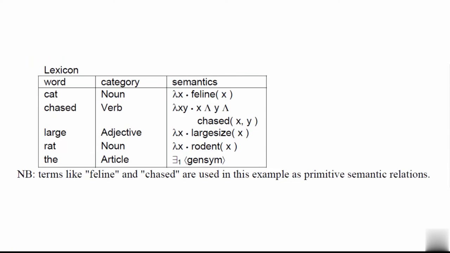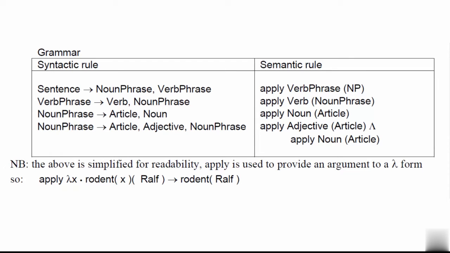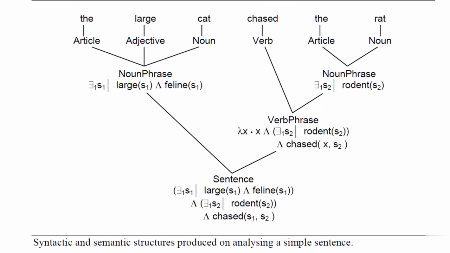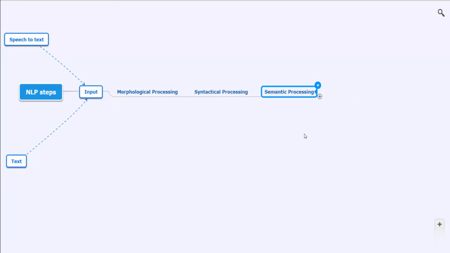An example is to reduce the information after syntactical parsing using logic, knowledge of word meanings, and rules to primitive semantic representation of the information. So, a sentence like the large cat chased a rat can be reduced into a meaning such as large feline rodent chased. The true meaning of the sentence can be only understood with the context.